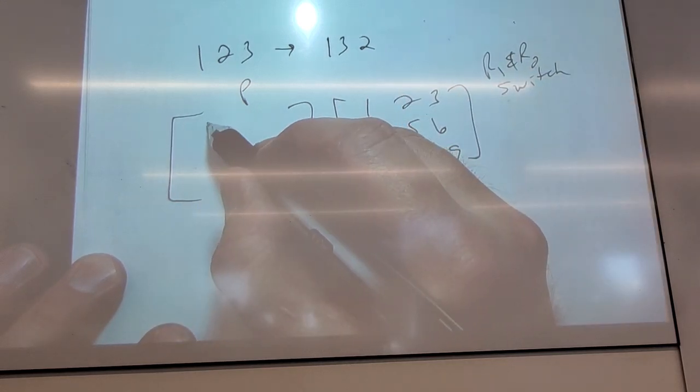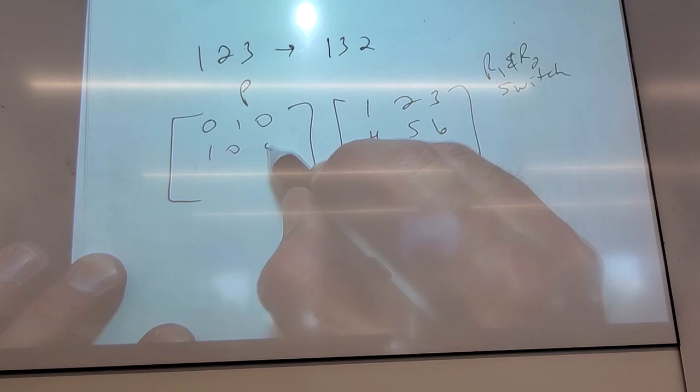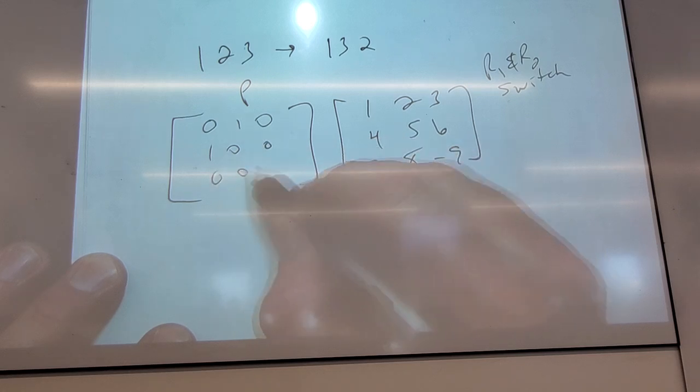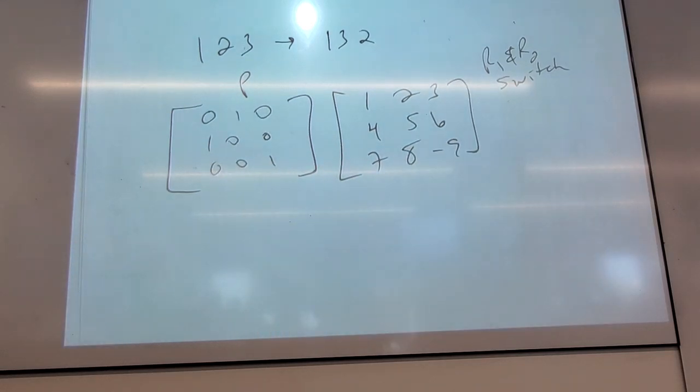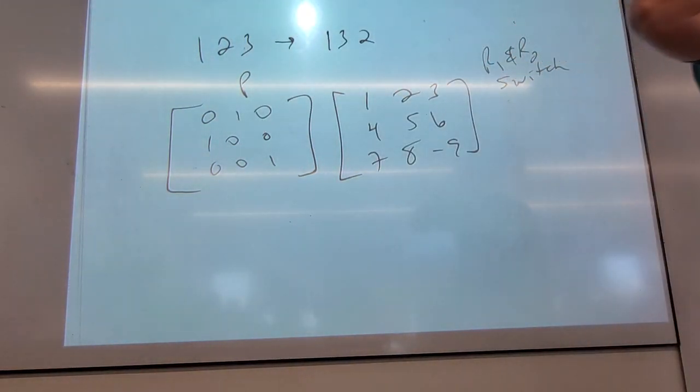Do it again. 0, 1, 0. 1, 0, 0. 0, 0, 1. I like it. You could call it a type of elementary matrix, but it's not, because an elementary matrix is specifically relegated to multiples and combinations. So permutation is kind of another side note. You could also switch the order of the rows.